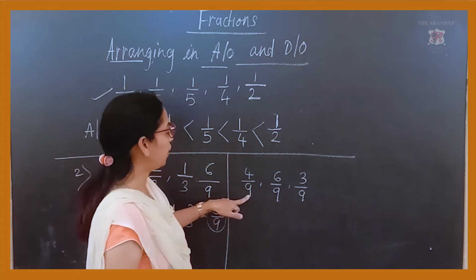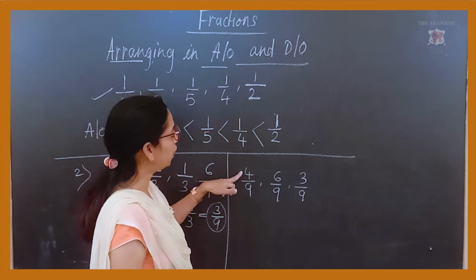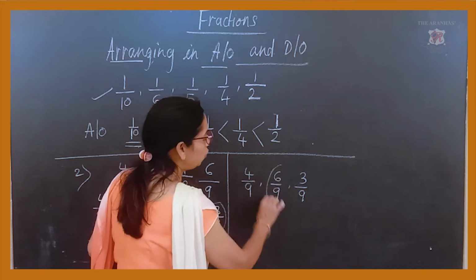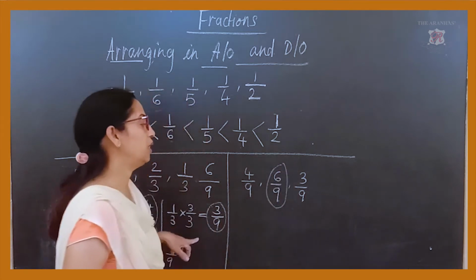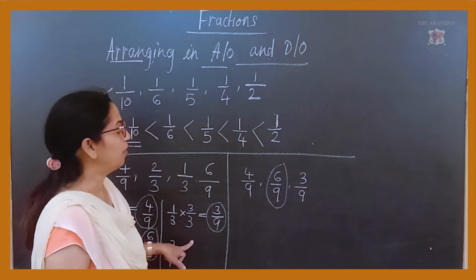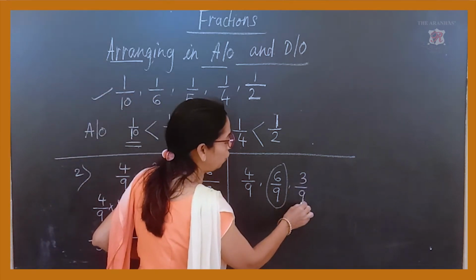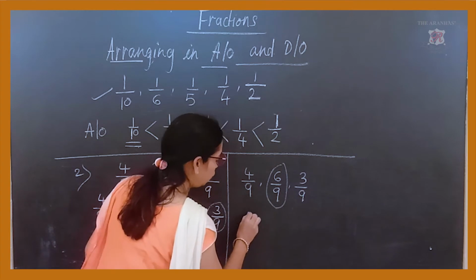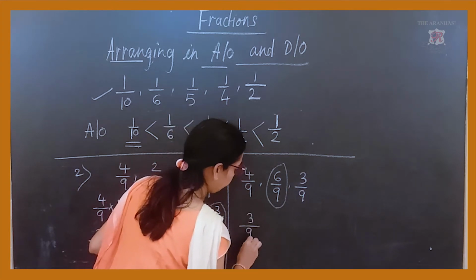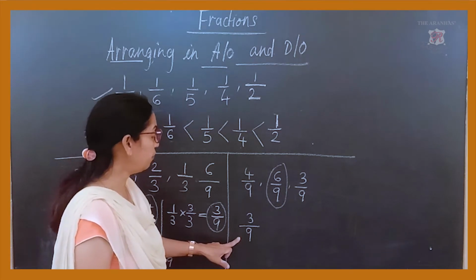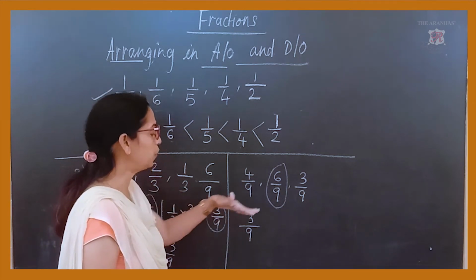Now out of 9, when we have only 4, but out of 9 we have 6, this will be the bigger fraction. But when we have only 3 out of 9, this will be the smaller fraction. So for ascending order, we have to start from smaller to bigger.